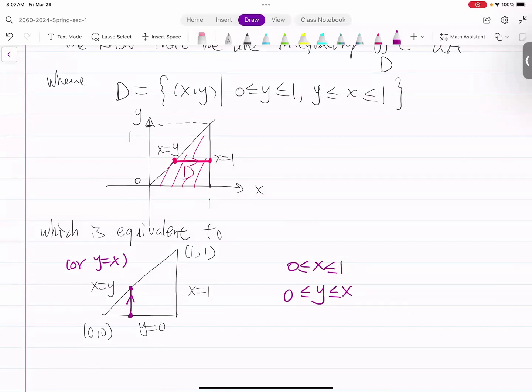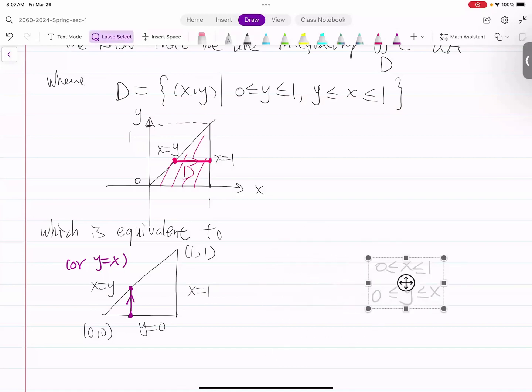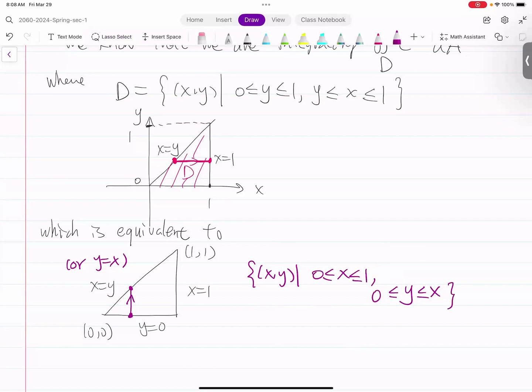Okay. So of course, if I want to fill out every detail, I need to say this is the region D, which is all the xy pairs, such that x is between 0 and 1, and y is between 0 and x. Okay.